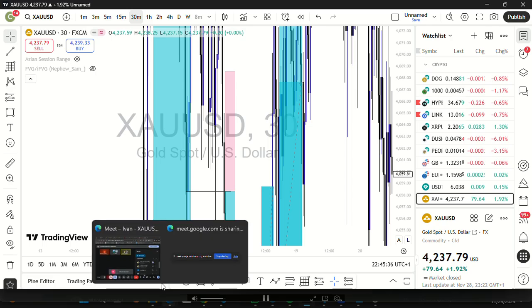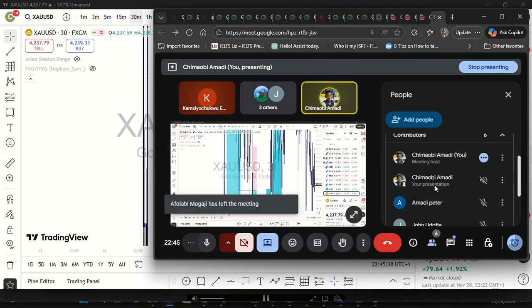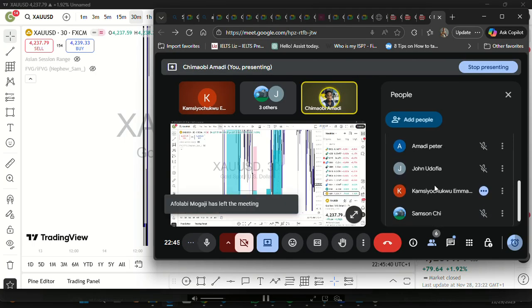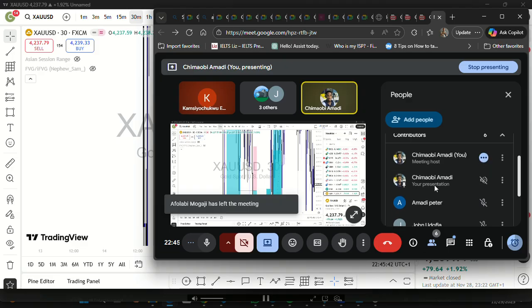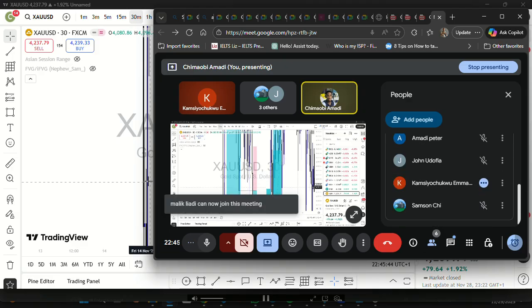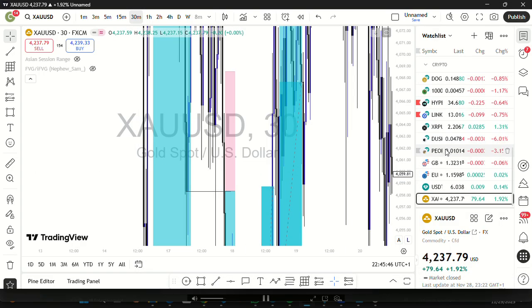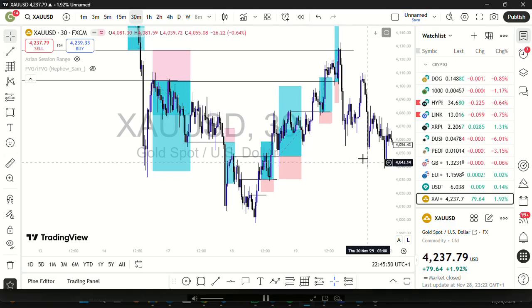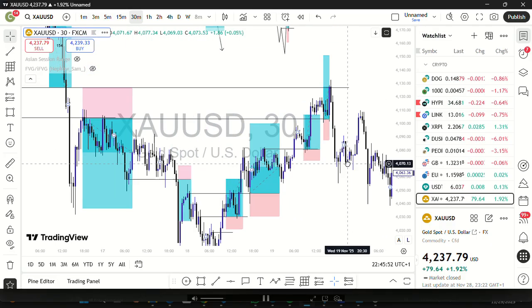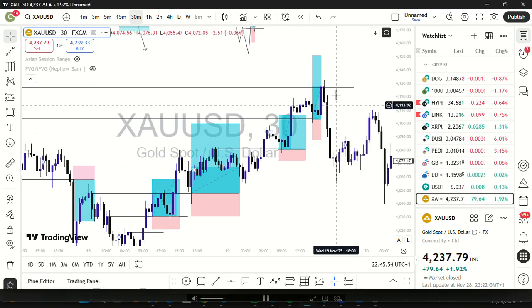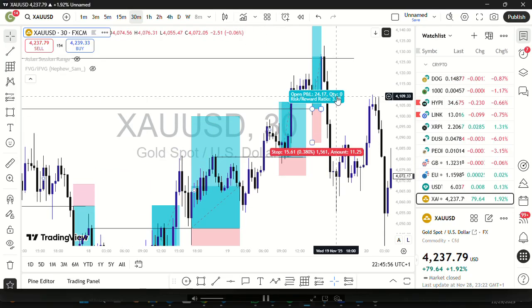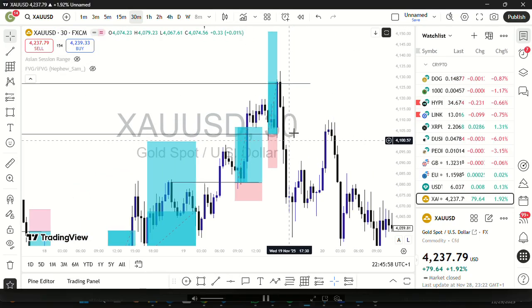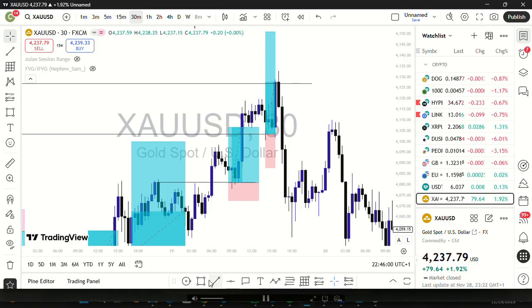So let's get this here. I'm coming back to this. This was a new supply or resistance, or rather support that became resistance.